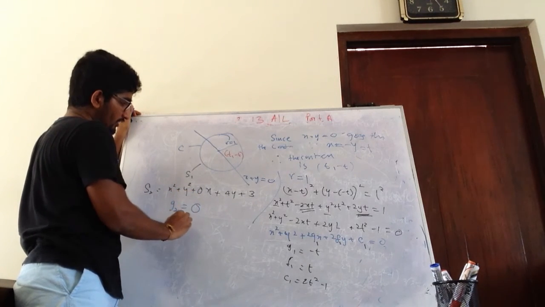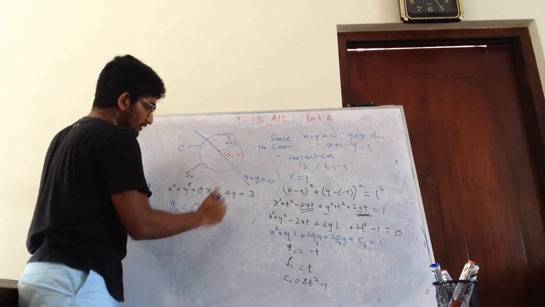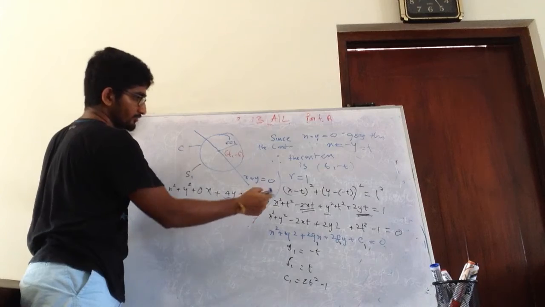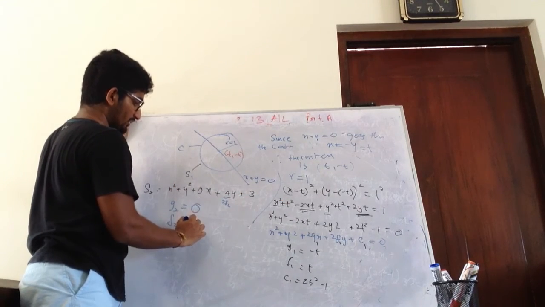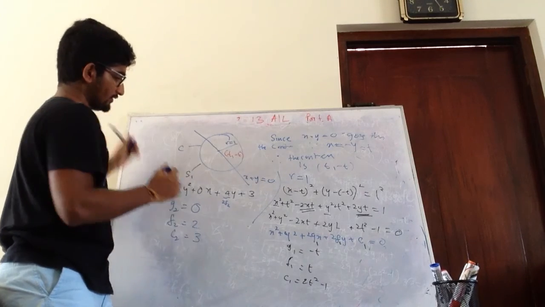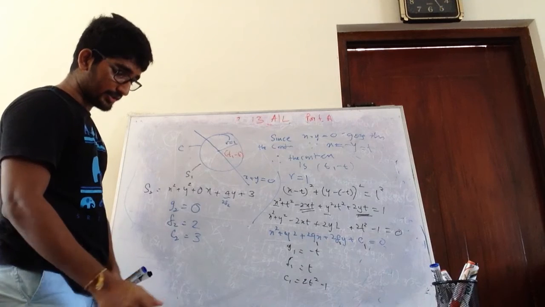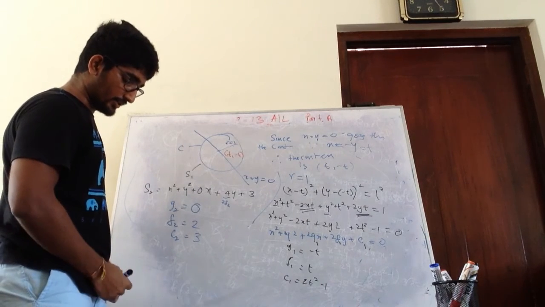Then what is F2? F2 is basically 2. Now this 4 is going to be 2F2 according to this, so F2 is basically 2. C2 is given as 3, right? Clear?